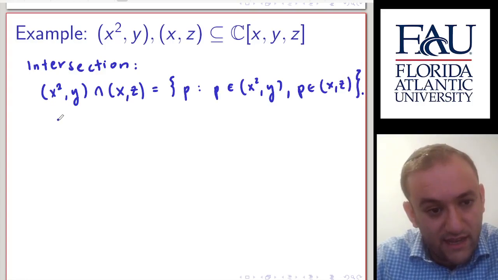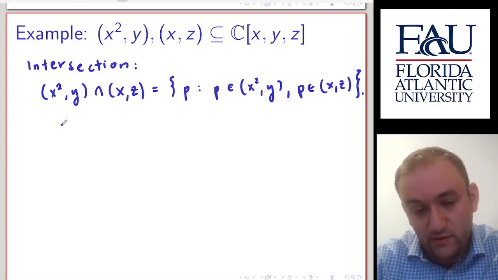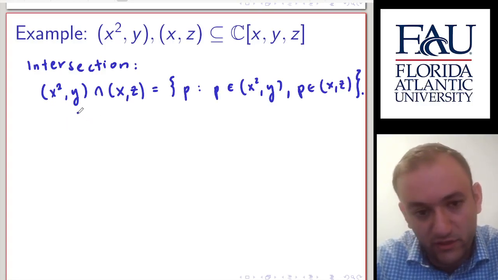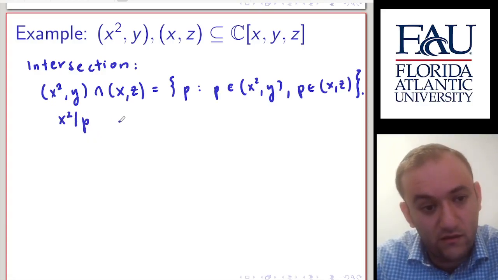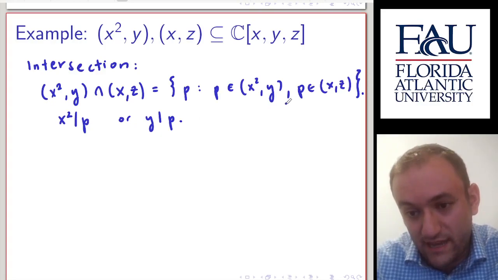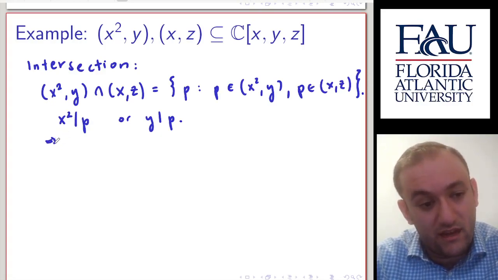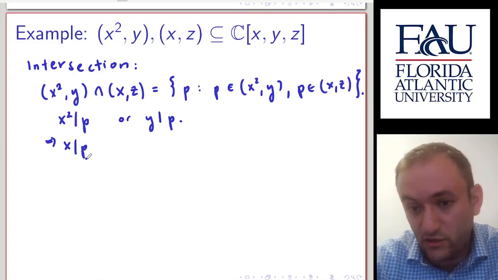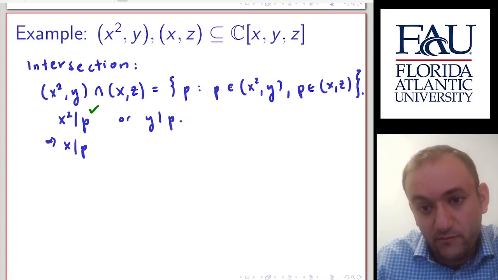So if p is in x squared y, that means either x squared divides p or y divides p. Again, we're looking at just the set of monomials for now. So if x squared divides p or y divides p, okay, that's from the first fact. But I also need that p is in xz, which means either x divides p or z divides p. Well, if x squared divides p, then I know that x also divides p, so it's also in the second ideal. So x squared will be a generator.